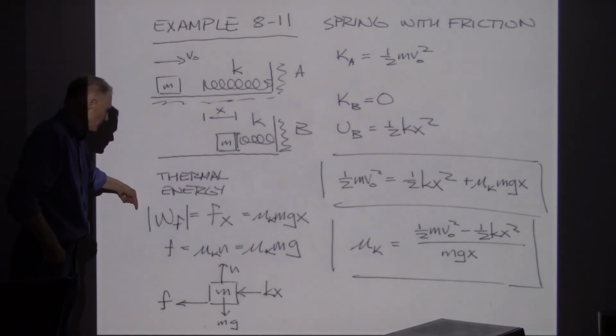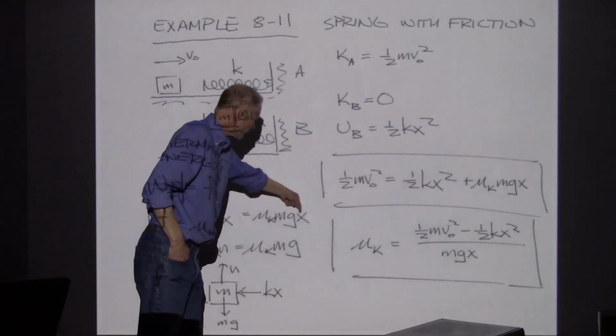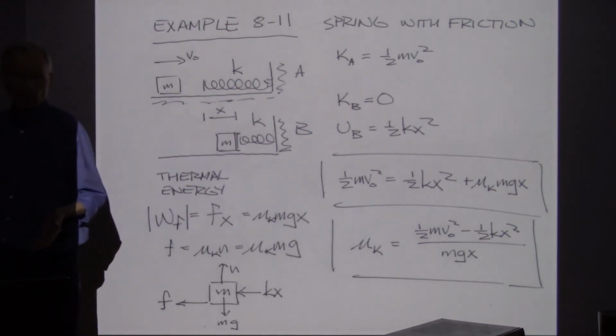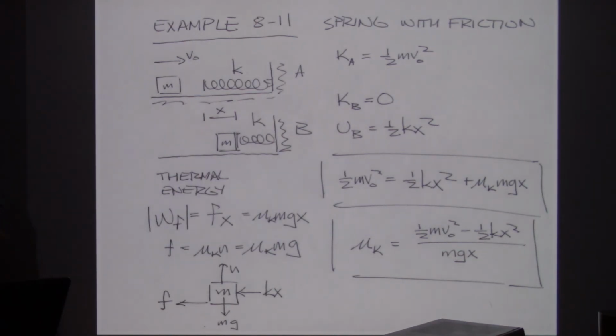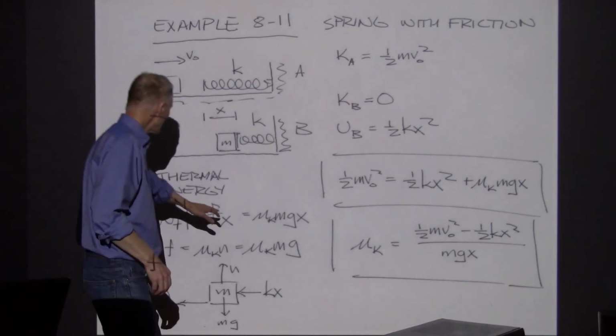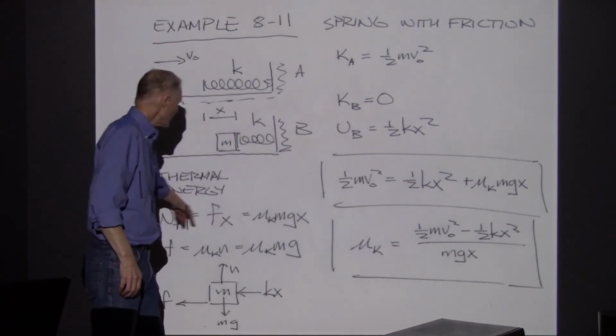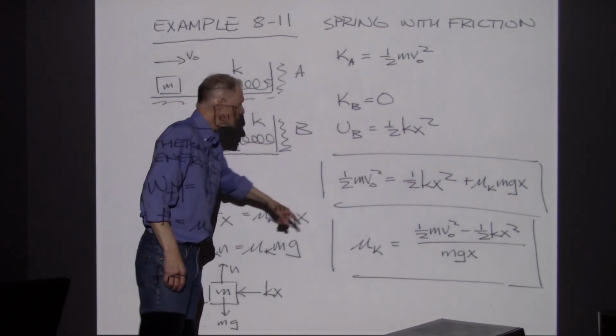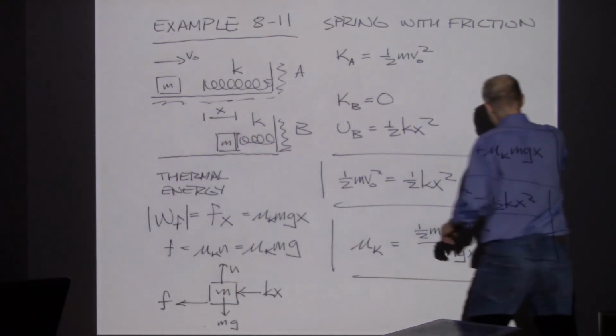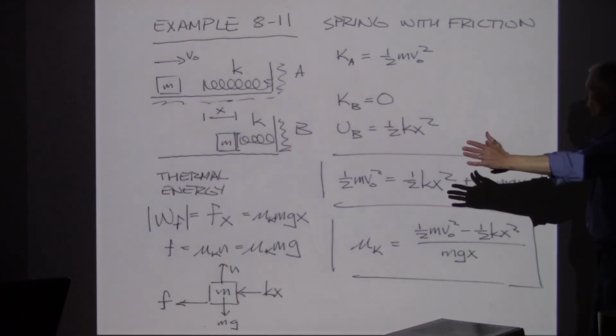That says that the energy loss due to the friction, so this is fairly simple. The frictional force we can calculate, or we can come up with a formula, and then we can just multiply that by the distance.